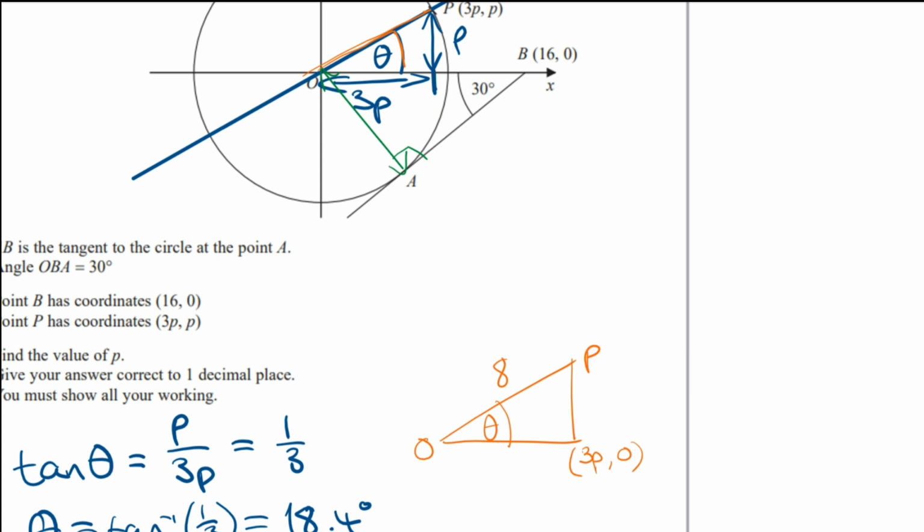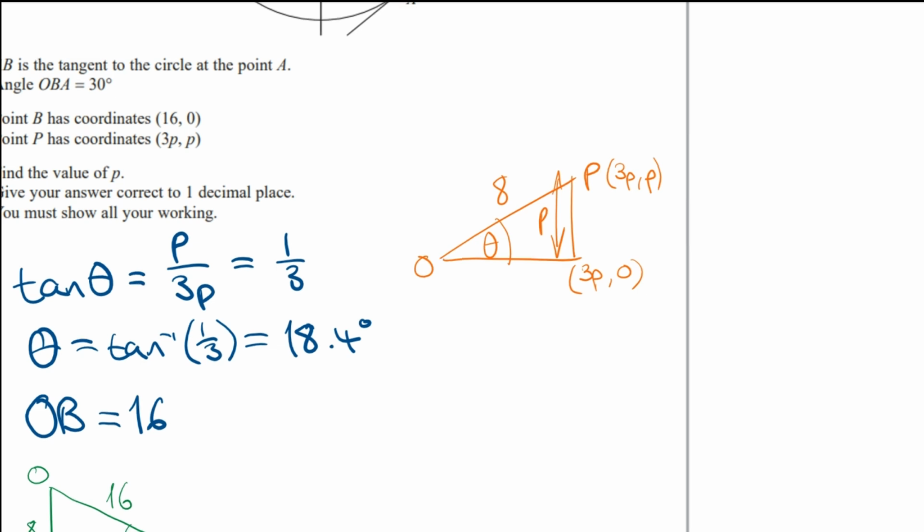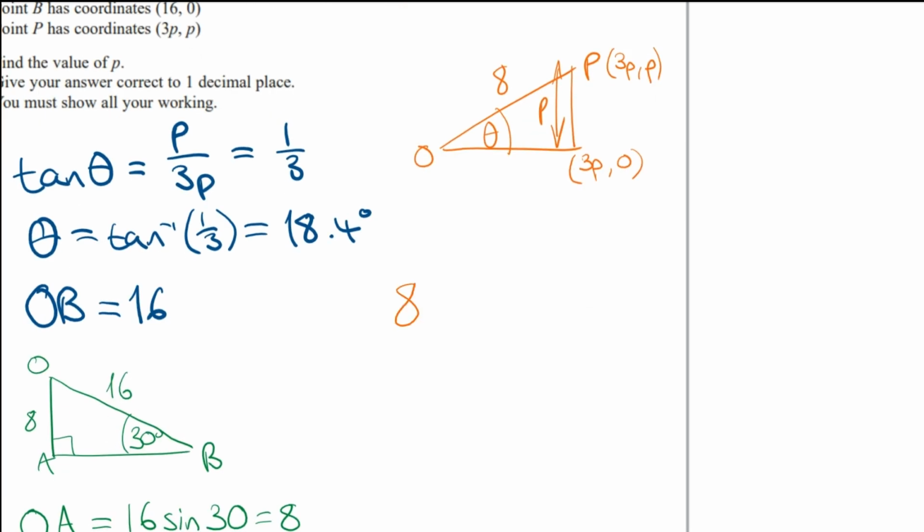And we need to figure out what the value of p is. Remembering the point P is at 3p, all we need to do is find this y value, so how tall it is, and then that's the value of p. In this case, it's going to be 8 sine theta. So 8 sine theta equals p.